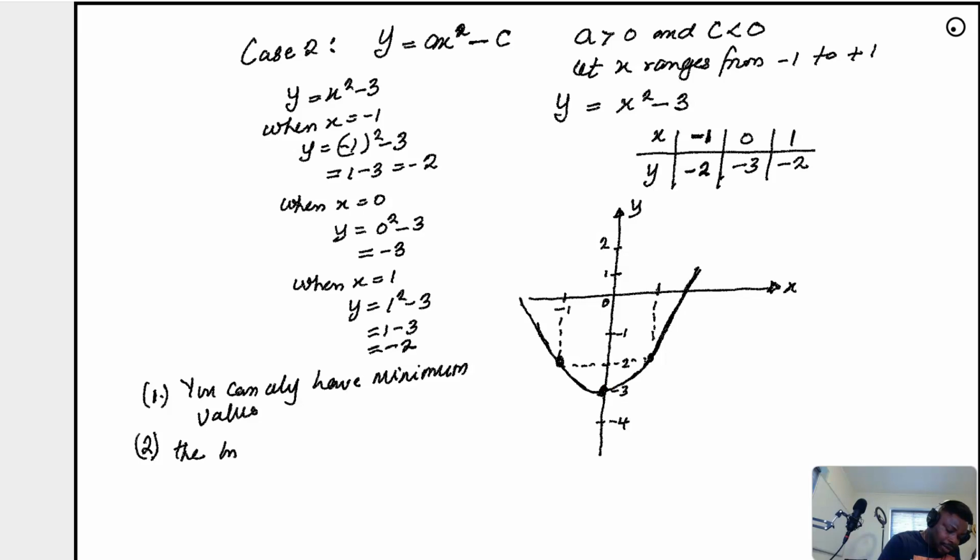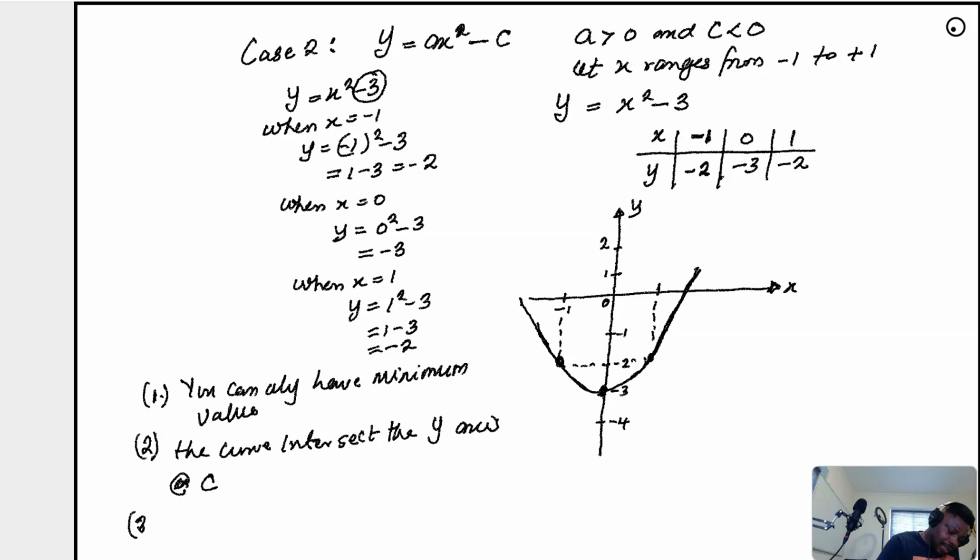Okay. And another thing is that the curve intersects the y-axis at C, because our C here, you can see, is minus 3. So the curve has to intersect at C, minus 3.